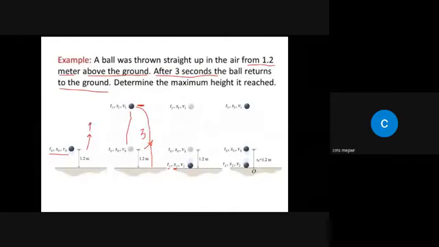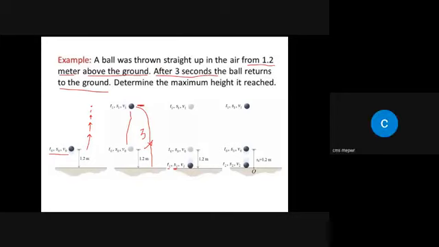Further as it moves, the velocity decreases again, and at this point the velocity becomes 0. Are you getting this point? Yes, sir.